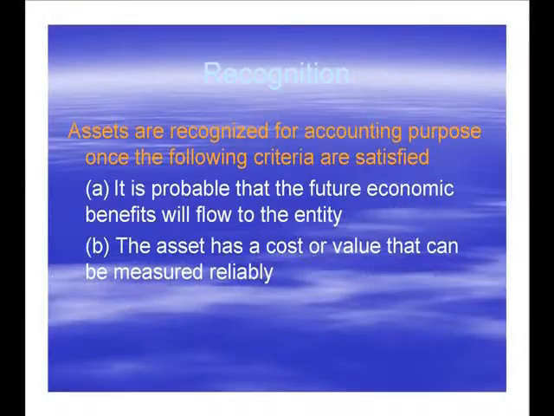Then how do you recognize assets? Assets are recognized for accounting purposes once the following criteria are satisfied. Number one, it is probable that the future economic benefits will flow to the entity. So in the definition, we included this term, future economic benefits.